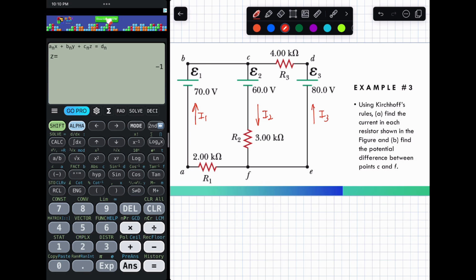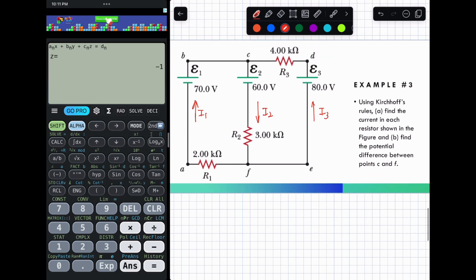The direction is just an assumption, so you can use whatever direction you want. Again, we are to find the current in each resistor, and then find the potential from C to F.